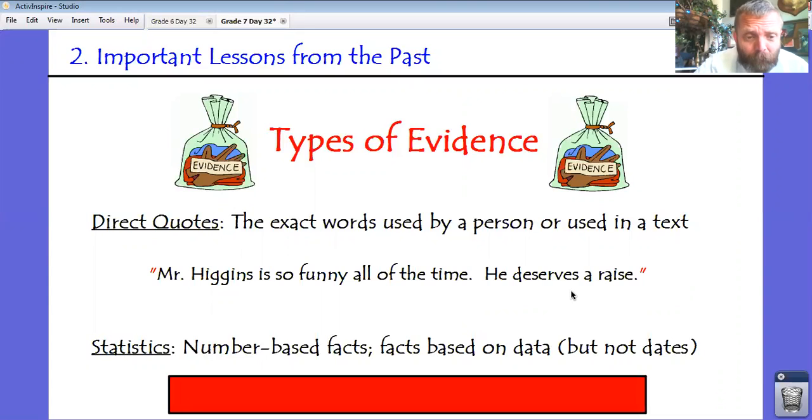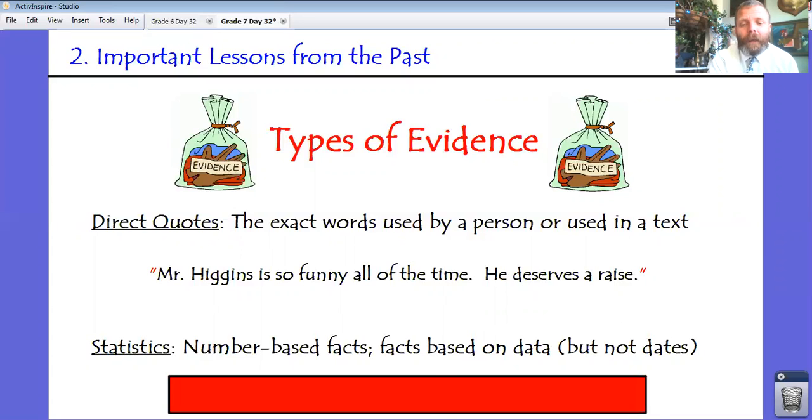Another type of evidence that we use in class and in real life are statistics. We learned about statistics last year in 6th grade. Statistics, as a quick review, are number-based facts, so facts that are based on data. When I say number-based facts, I don't mean dates, though. Saying Mr. Higgins was born on August 5th, 2001 would not be a statistic, even though there are numbers in there.